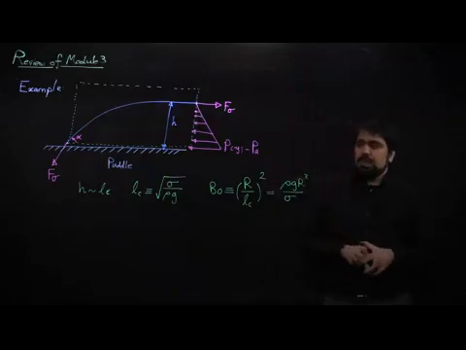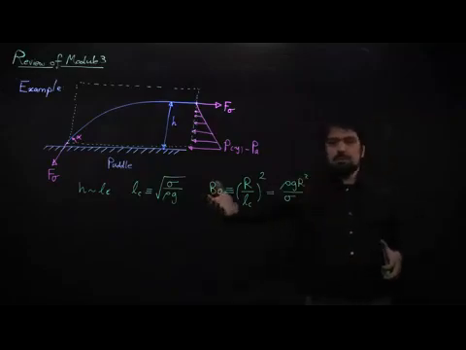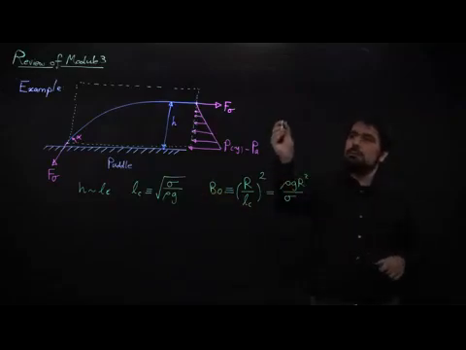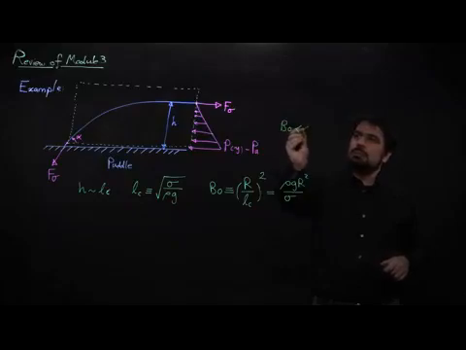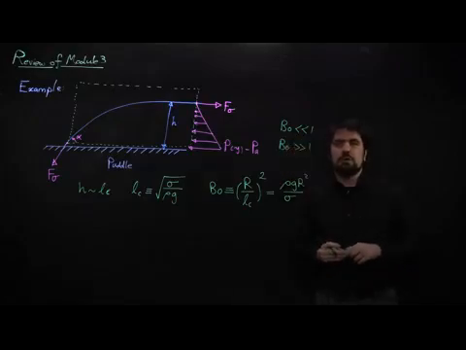There are multiple ways you can make a problem go to the limit of low Bond numbers, much smaller than 1, or there are many other ways you can go to the other limit, which is Bond numbers much larger than 1.